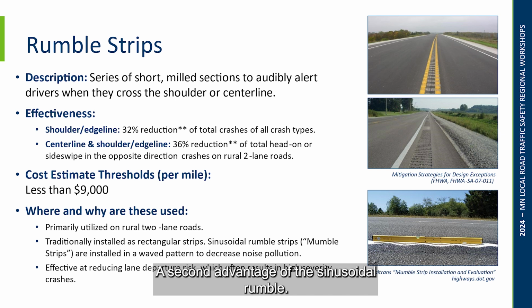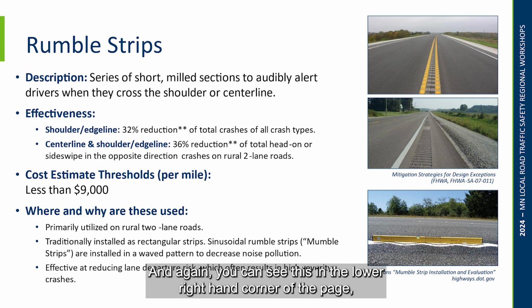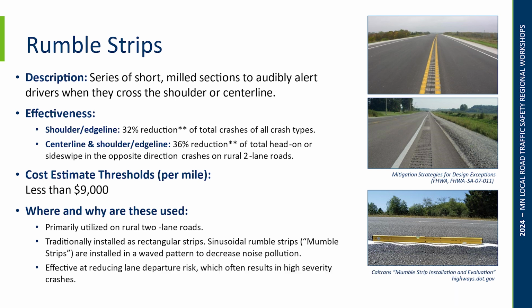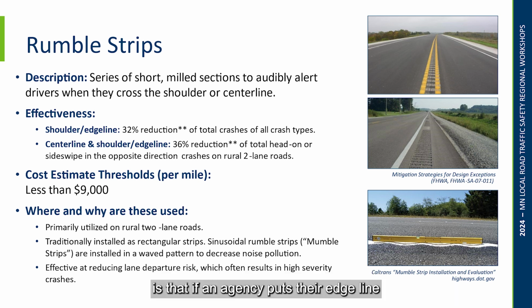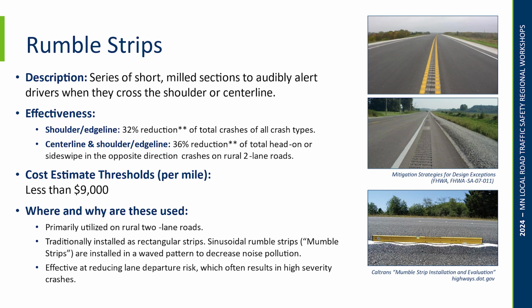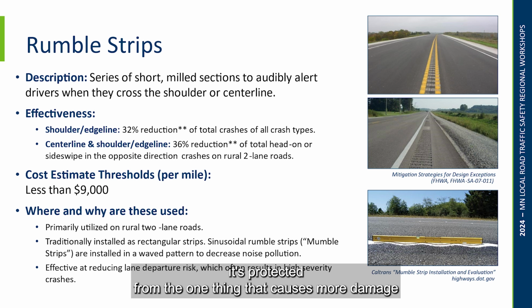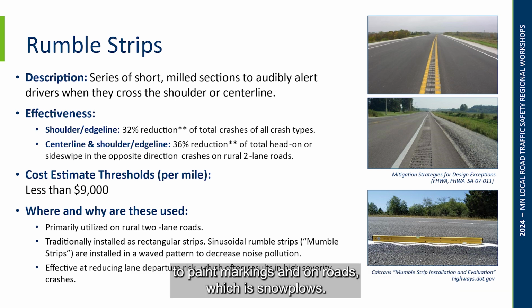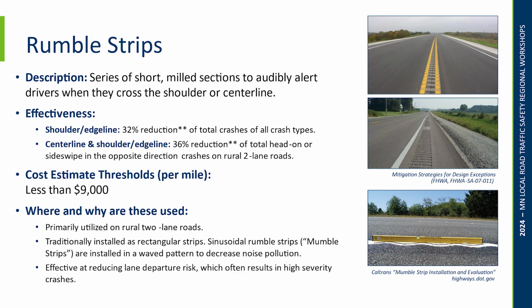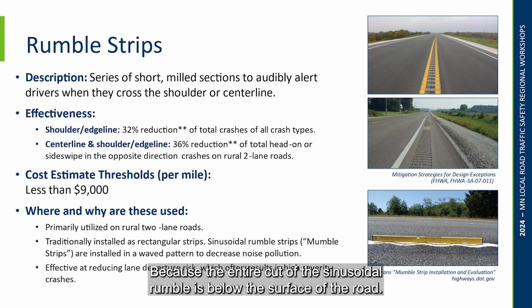A second advantage of the sinusoidal rumble, and again, you can see this in the lower right-hand corner of the page, is that if an agency puts their edge line or center line over the rumble, it's protected from the one thing that causes more damage to paint markings on roads, which is snowplows, because the entire cut of the sinusoidal rumble is below the surface of the road.